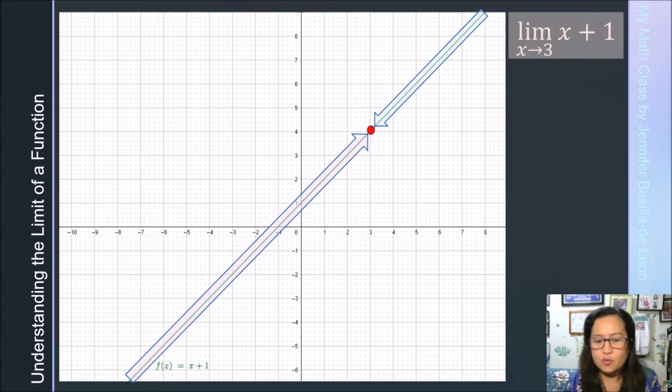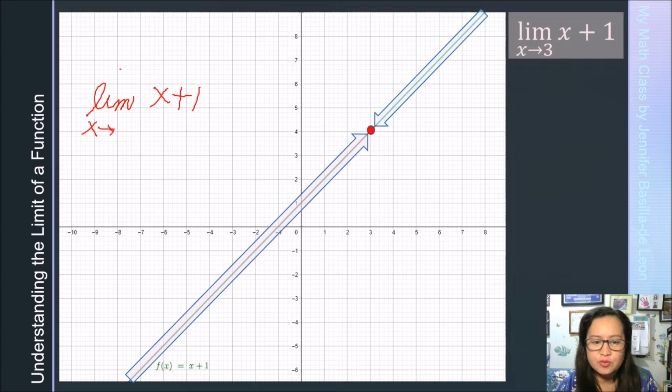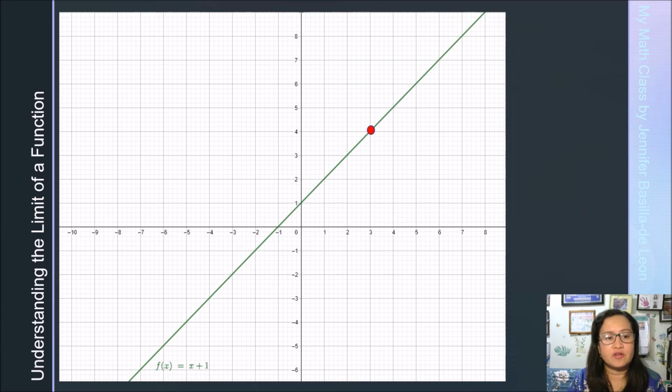Hence, we can write that the limit of x plus 1 as x approaches 3 is 4. From the graph, we have seen that we can approach a point having an x-coordinate of 3 either from the left or from the right.